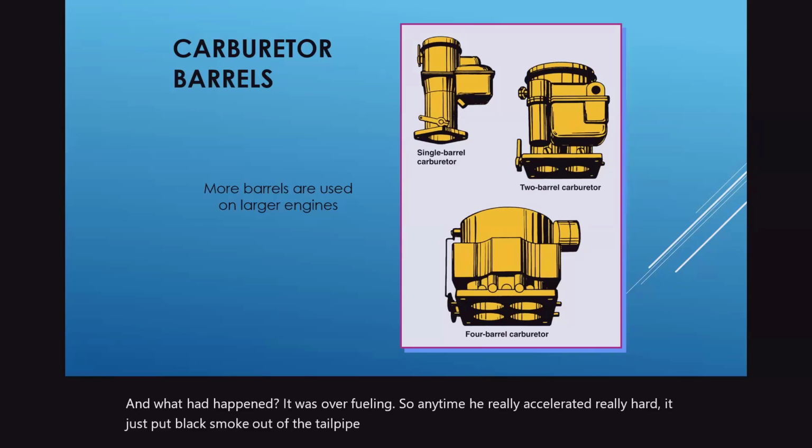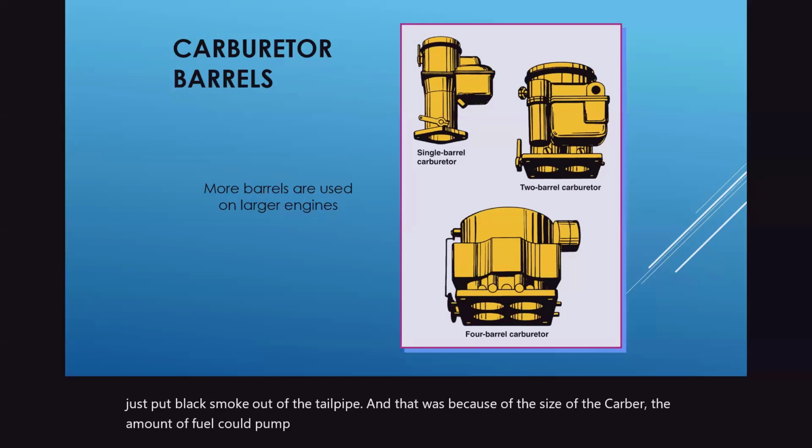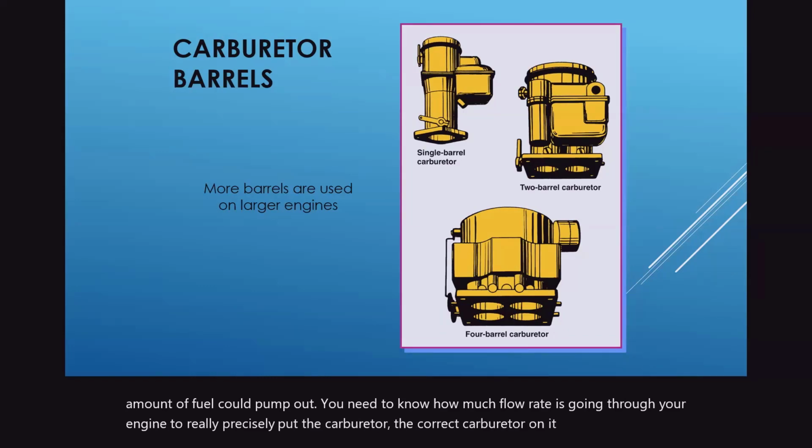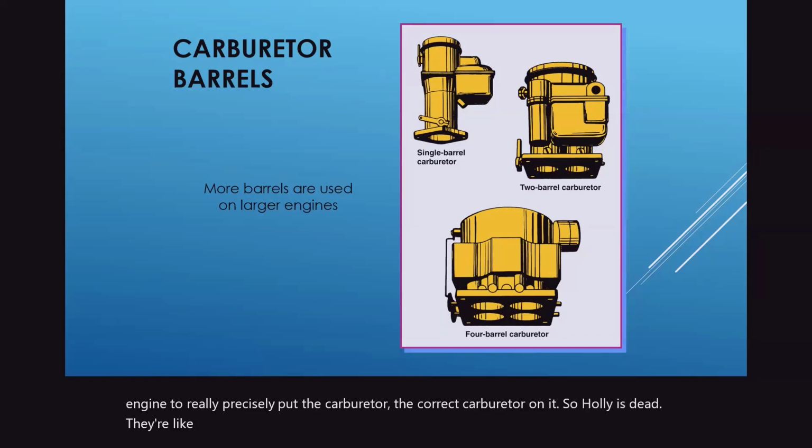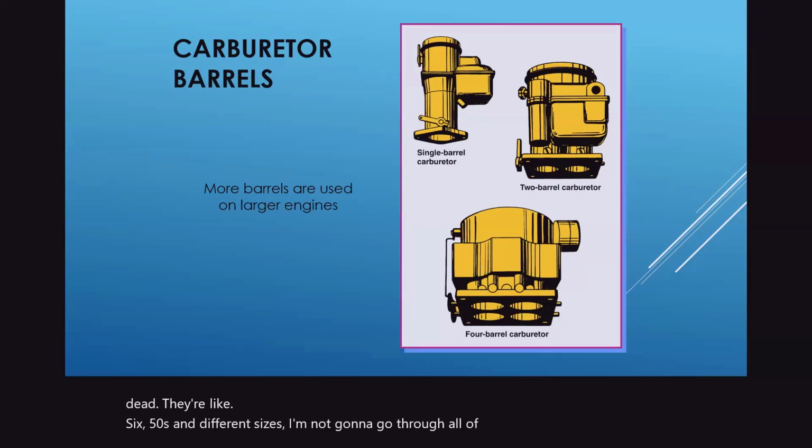And that was because of the size of the carburetor, the amount of fuel it could pump out. You need to know how much flow rate is going through your engine to really precisely put the correct carburetor on it. So Holleys did their 650s in different sizes. I'm not going to go through all of them, but I just brought up the 650 a minute ago.